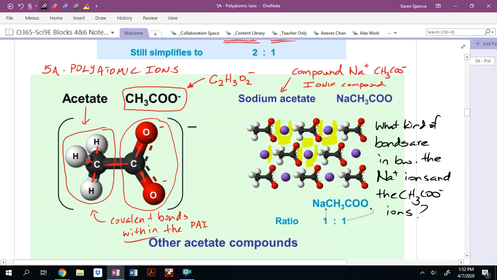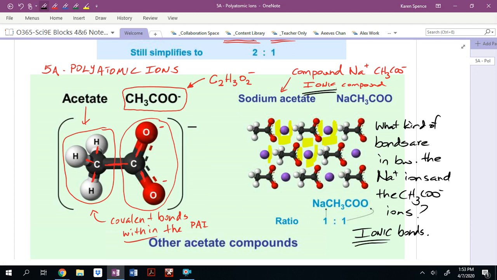You can pause the video and answer that for yourself. I'm going to answer it now. They are ionic bonds. What kind of bonds are between ions? Oh my gosh, they are ionic bonds. Okay, and this is an ionic compound made from differently charged ions, a cation and an anion.